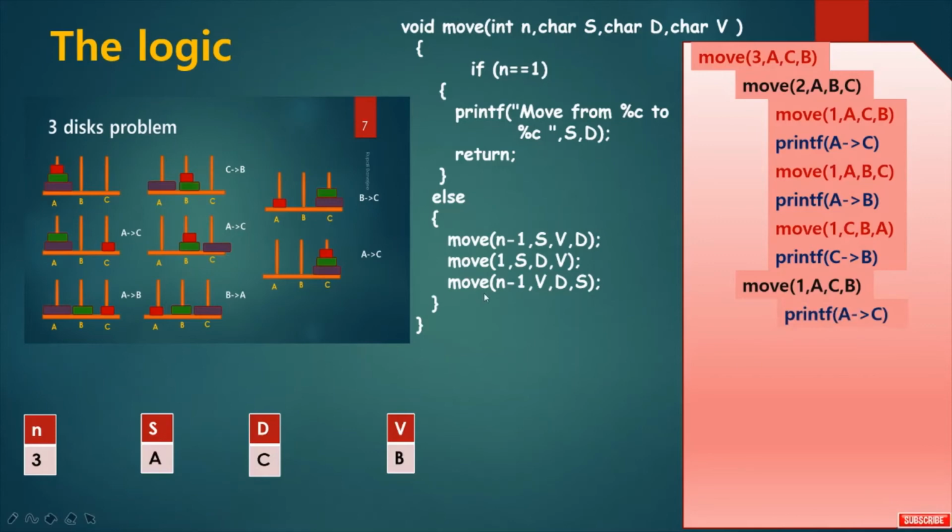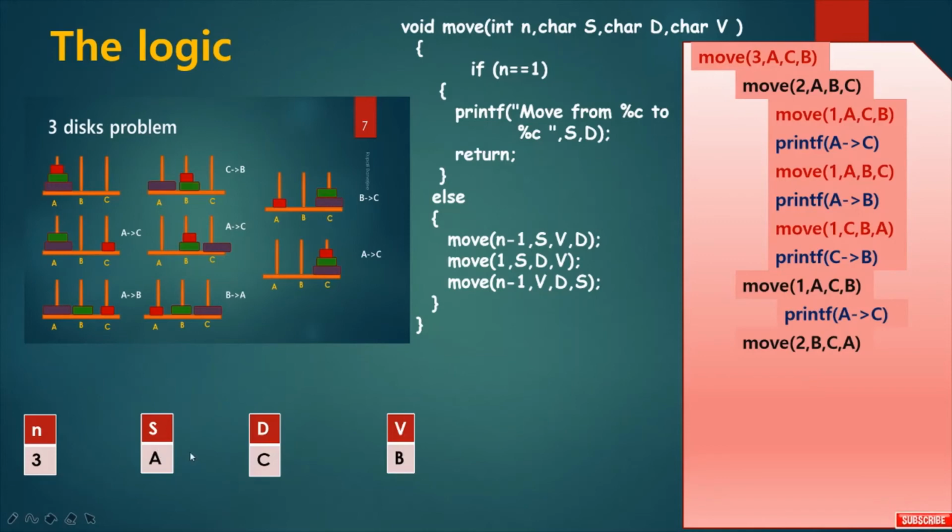Now the next line. Move n minus 1 VDS. N minus 1 means n is 3, so n minus 1 is 2. VDS. V is B, D is C and S is A. So move 2, that is 2BCA.